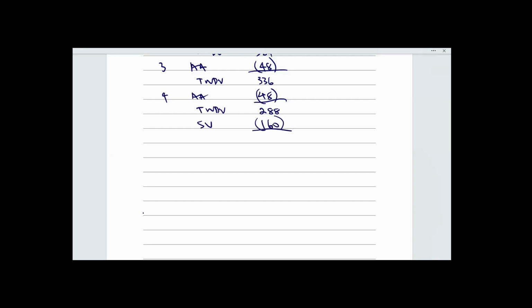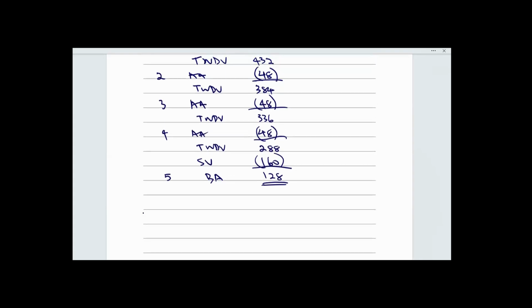The difference is 128 million. This 128 million is called balancing allowance, and of course this will be in year 5, because the tax written down value from the preceding year is higher than the sales proceeds. When this happens, the difference is called balancing allowance.